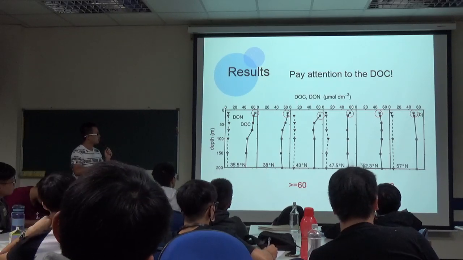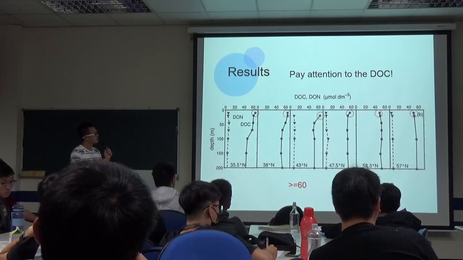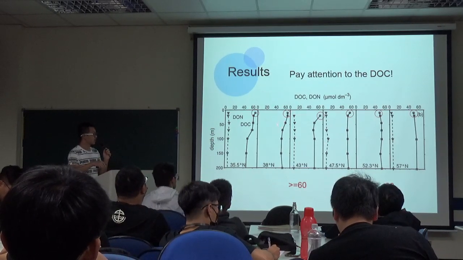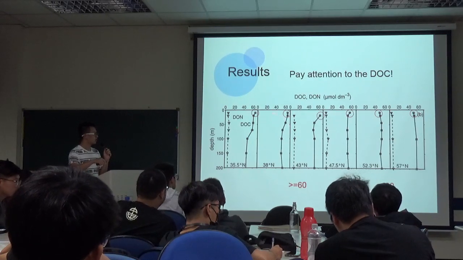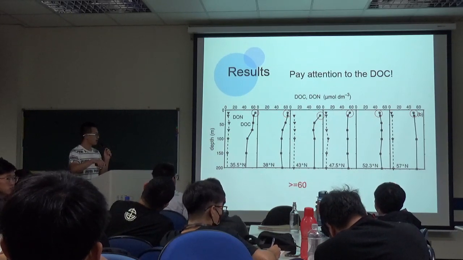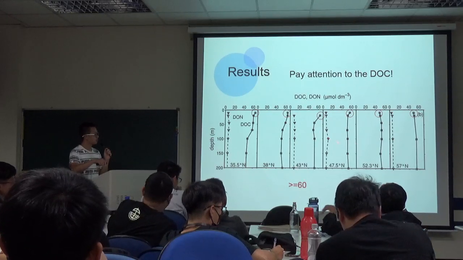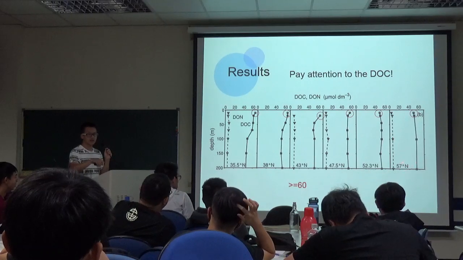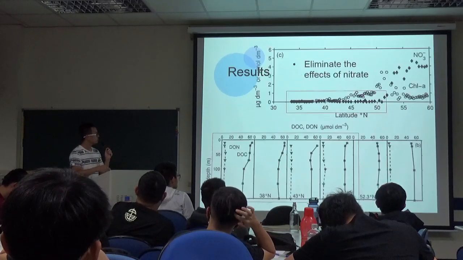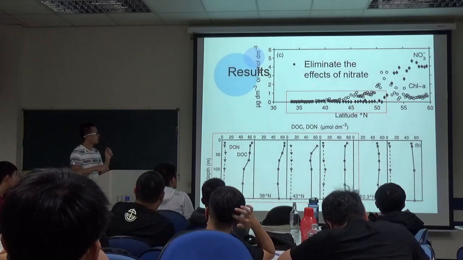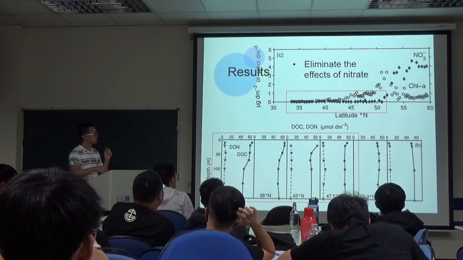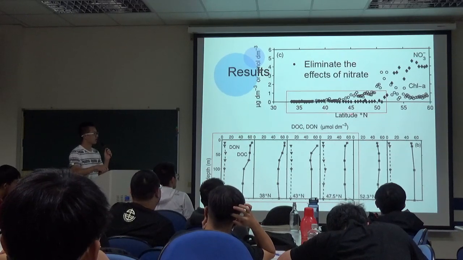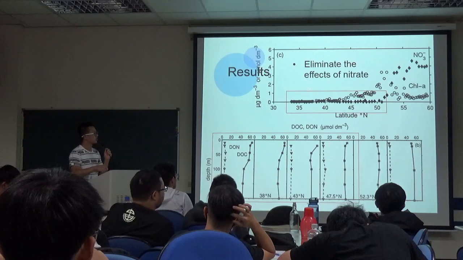And look at these pictures, we should pay attention to the DOC. You can see in the first four pictures, their DOC on the surface is more than 60 units. But in the other two pictures, their DOC on the surface is less than 60 units. And to eliminate the effects of nitrate, in this picture, also the x-axis is latitude and the y-axis is concentration.